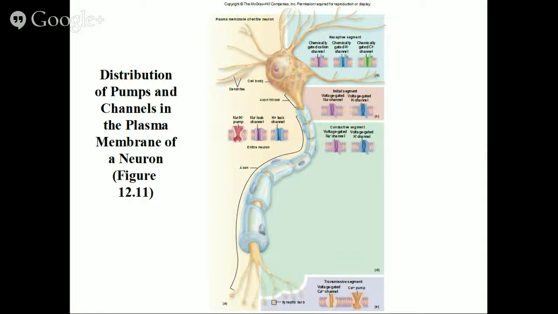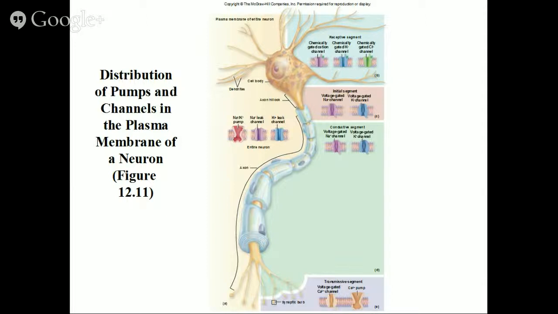That higher measure of voltage then stimulates the voltage gated sodium channels and the voltage gated potassium channels to activate. This is very important because this is the initial segment, and if we don't get this segment to go extremely positive extremely quickly, then we will not be able to open the channels on the conductive segment and generate an action potential.